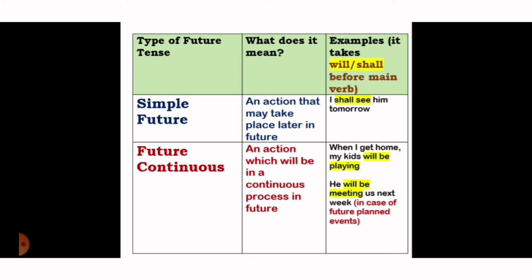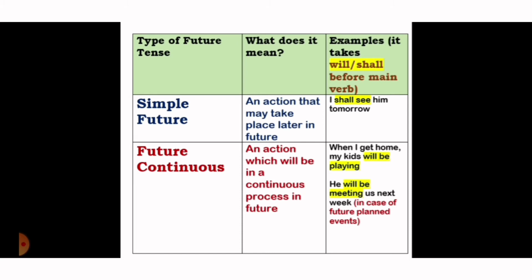So since it's a fixed plan in future, we will be using future continuous tense. Sometimes we also use simple present. There are certain rules. If you check my previous videos, you will understand when, in case of a fixed time, we use future continuous tense, or sometimes simple present, sometimes present continuous. So he will be meeting us.